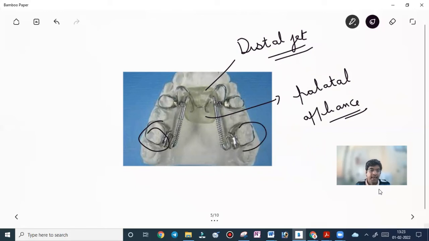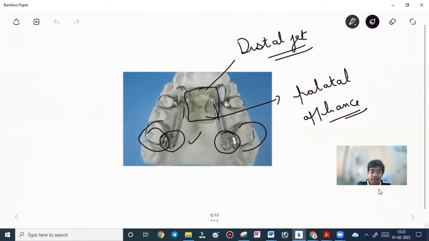The bilateral tubes are attached to the Nance palatal arch. The coil springs slide over each tube. Distal Jet is reactivated by sliding the clamps closer to the first molar once a month.